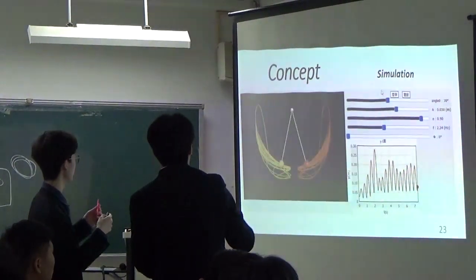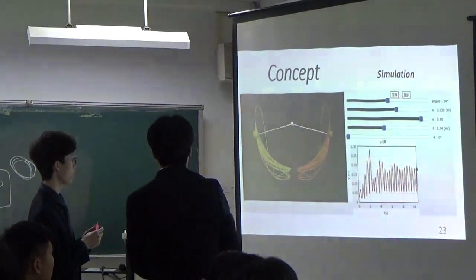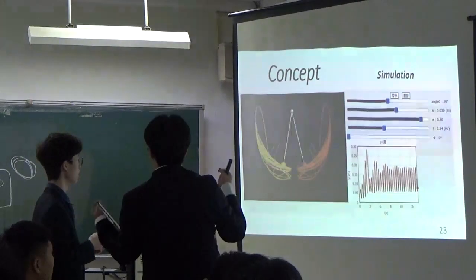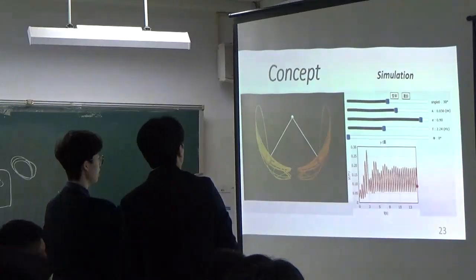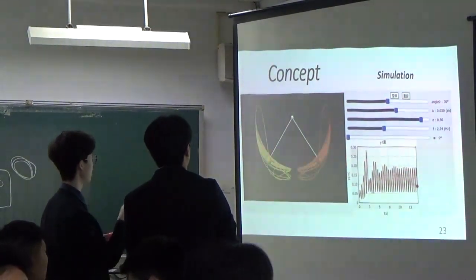Yeah, this will be more stable in the end. What does stable mean here? Just keep the same amplitude. Yeah, as you can see, the line of the amplitude of this chart is almost the same.